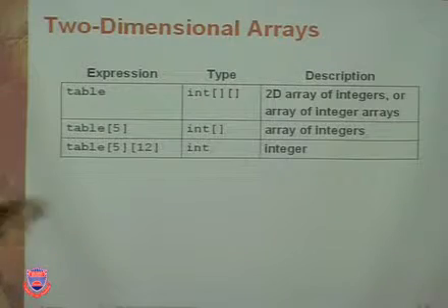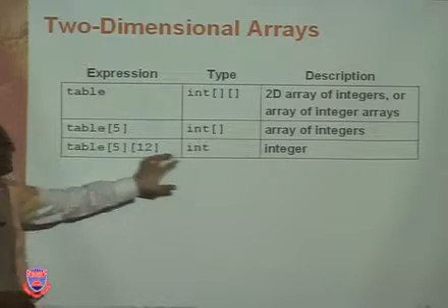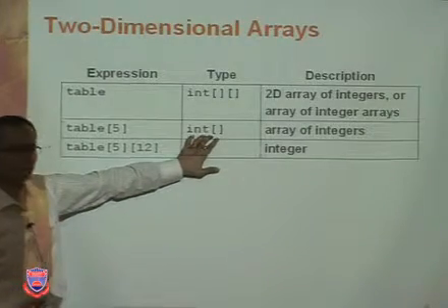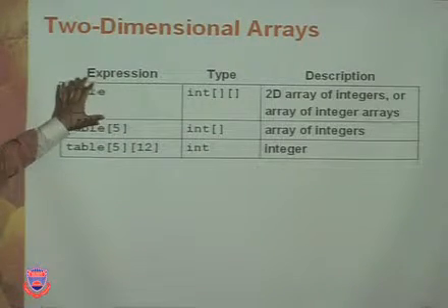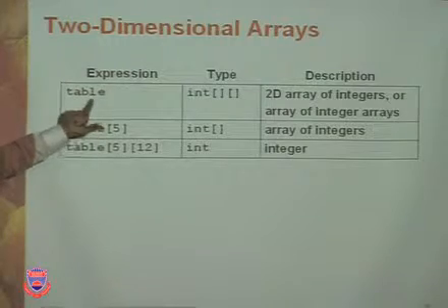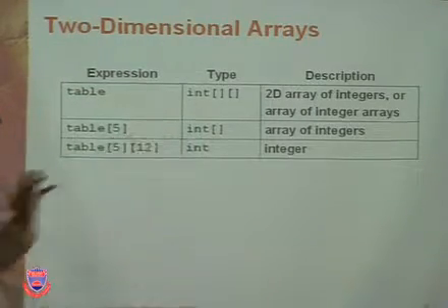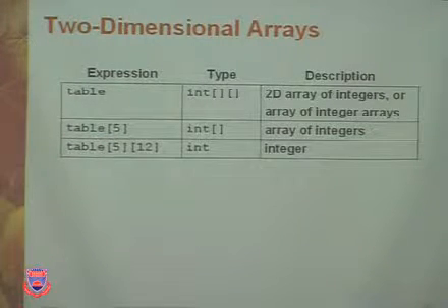When you look into the table, if you want to create a table, you will use this representation. If you have table 5, it is going to give you the integer array. Once you have a two-dimensional array represented, once you say table, it will give you the 2D array. If you say table 5, what does it give you? I declared my table as in the previous example.